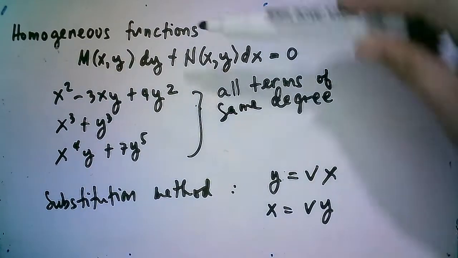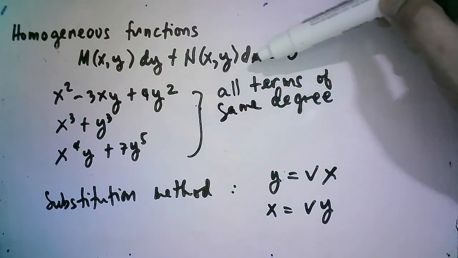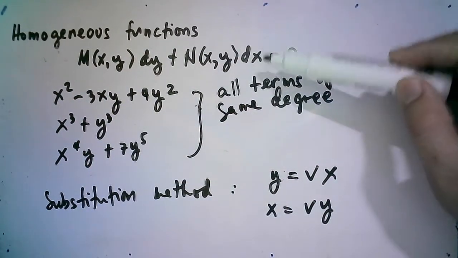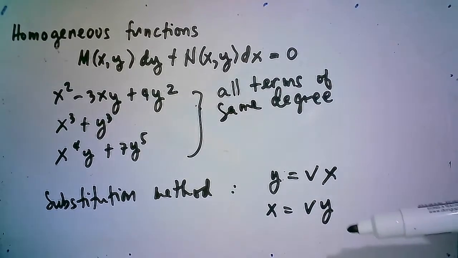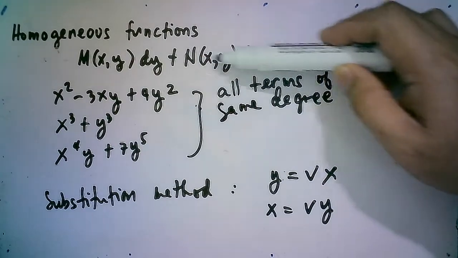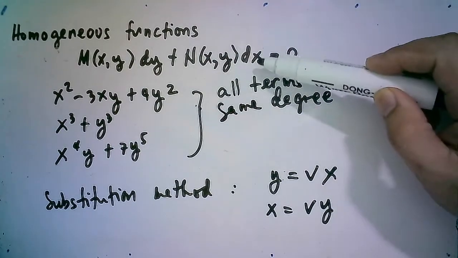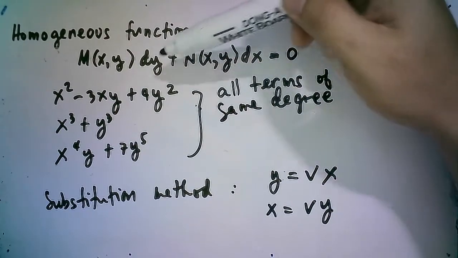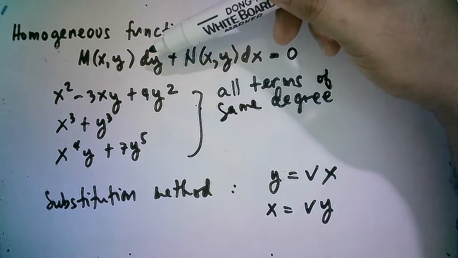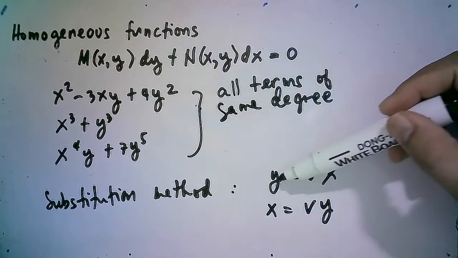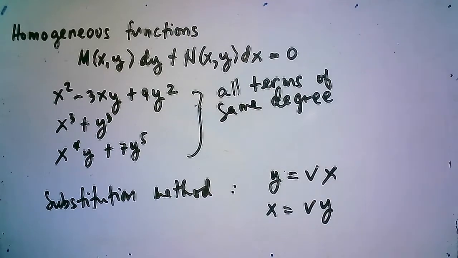In other words, if this is complicated and this part is not complicated, you will be using x equals vy. However, if the dx part is complicated and dy is simpler, you can make use of y equals vx.